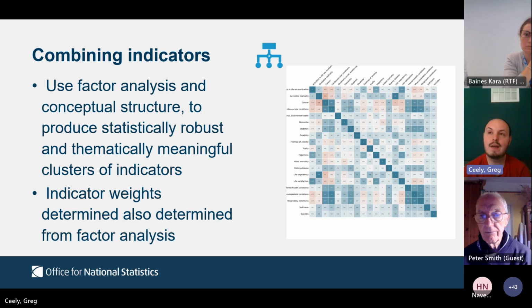So if an indicator explains more of the variance within a factor than its colleagues in that subdomain, then that indicator would have a greater weight, and their weights are directly proportional to the total of the overall variance explained. Each indicator can only fit in one subdomain in our solution, whereas in factor analysis, it could be that something loads onto multiple factors. But we felt, again, this was simplest for user interpretation of what our index is doing.